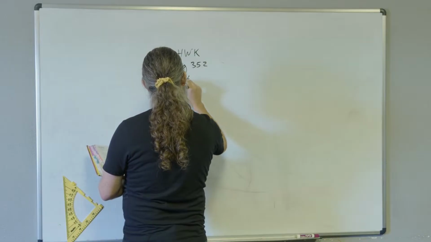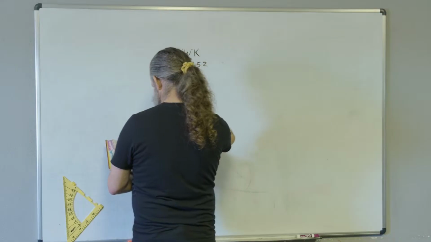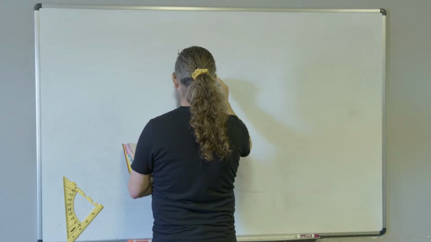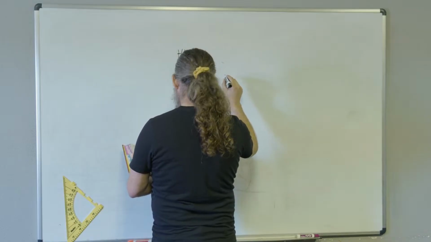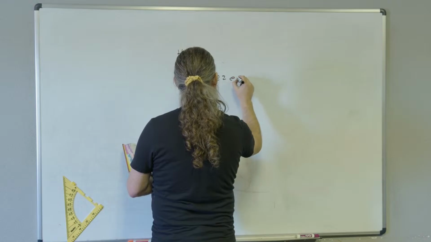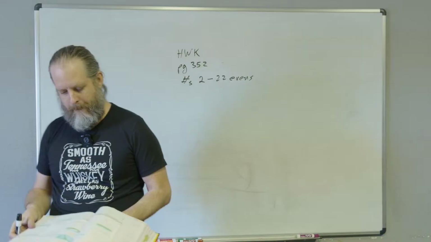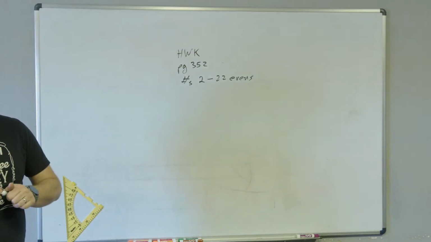That's 2 through 28. Let me say 2 through 32. Okay, 2 through 22 evens.